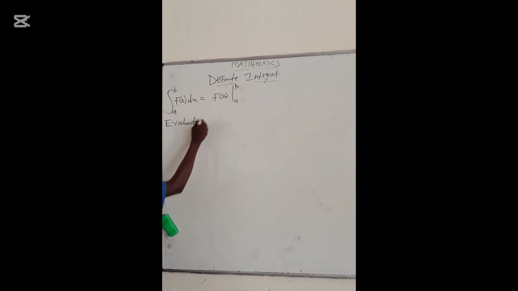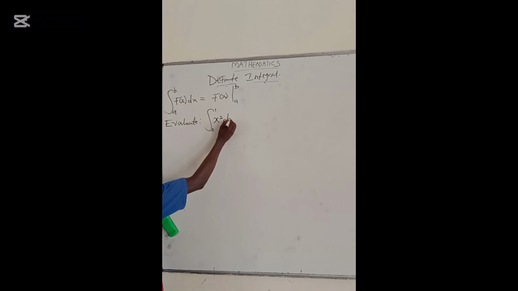Evaluate the integral from 0 to 1 of s raised to power 2 ds. Solution: the integral from 0 to 1 of s raised to power 2 ds. If you are going to integrate s squared, I believe you all know that method, using the general method.